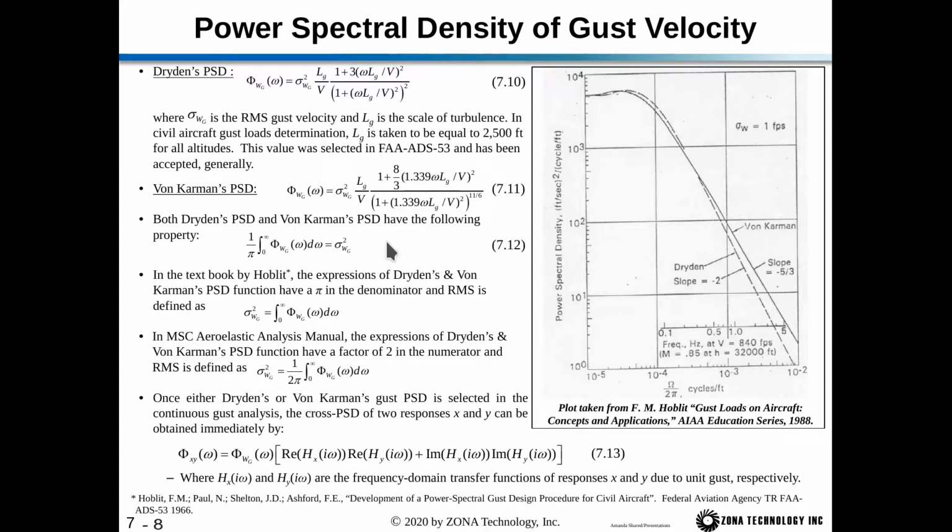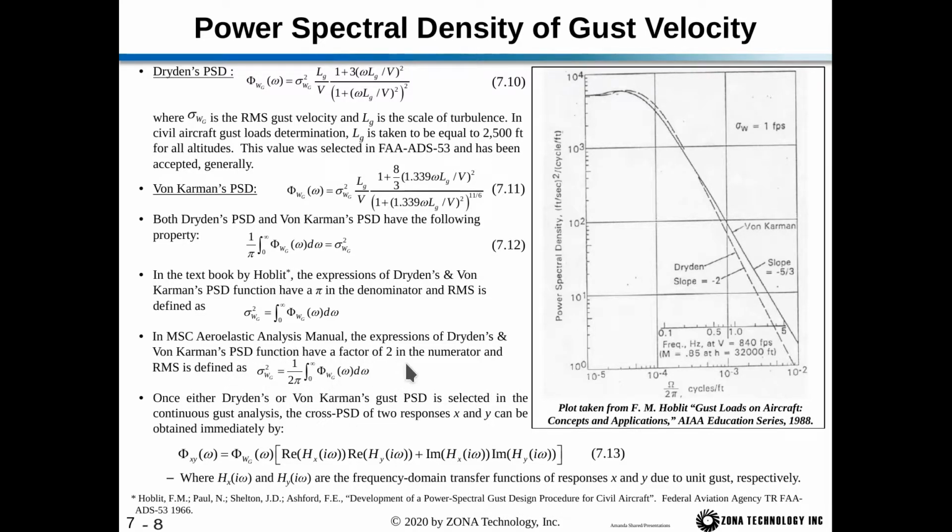So in the textbook by Hoblit, the expression of Dryden's and von Karman's PSD functions have a pi in the denominator, and the RMS is defined by this equation. In the MSC Aeroelastic Analysis Manual, the expression of Dryden's and von Karman's PSD functions have a factor of 2 in the numerator, and the RMS is defined by this equation.